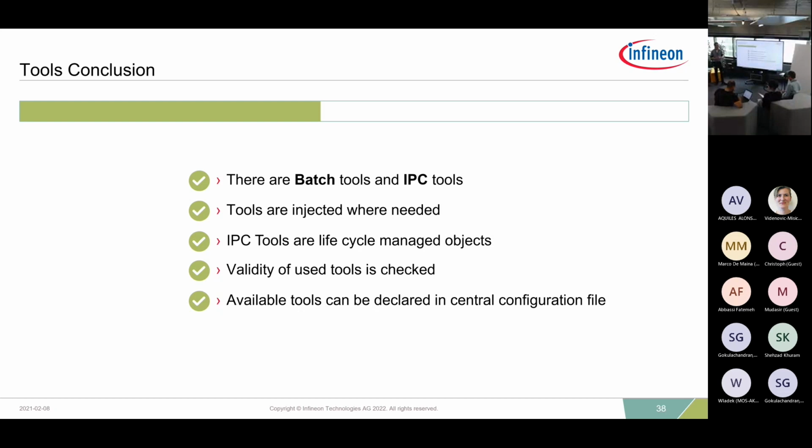But this would be a nice idea, really. So the proposal was not to have only batch and IPC, but also a Docker tool, which then automatically downloads the Docker image and initiates the connection with the tool within it. Yeah, nice idea. You're free to work on that.